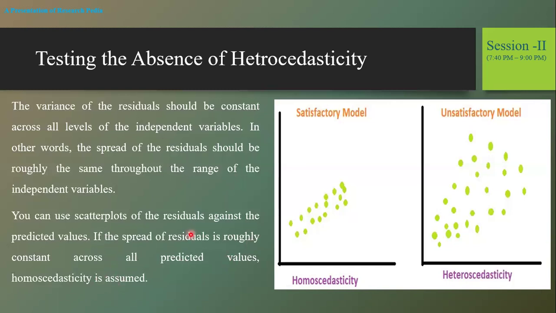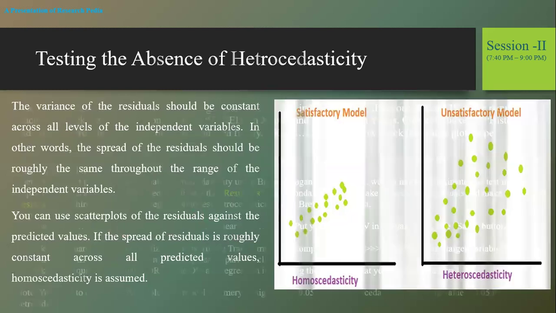You cannot take the dependent or independent variables, you just need to take the residual. Take the predicted value on one side and the residual value on the other side to make a scatter plot, and then you will find whether you have homoscedasticity or heteroscedasticity in your data set.